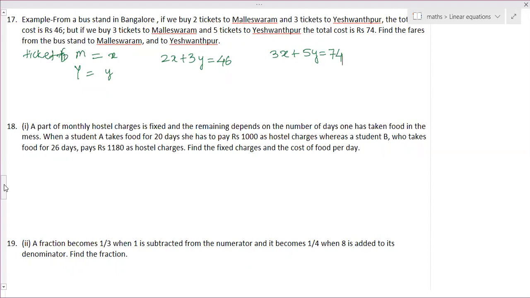Yes, for the next one I got the food per day. So X is rupees 30 and the fixed charge is 400 rupees. Yes, right.